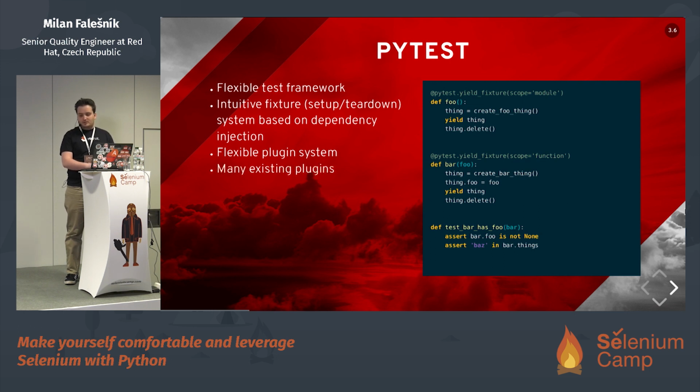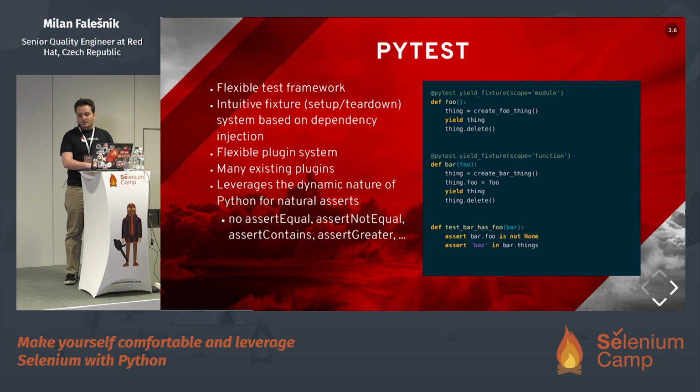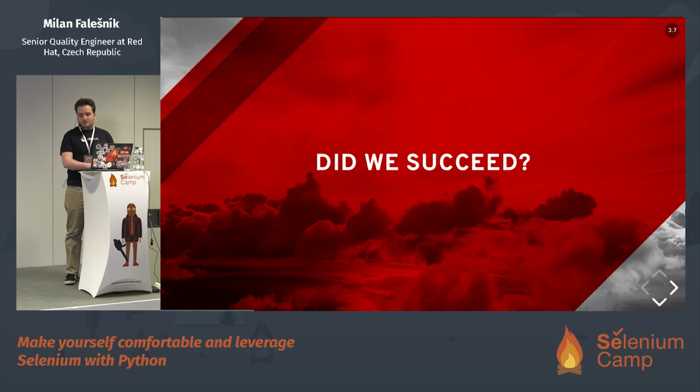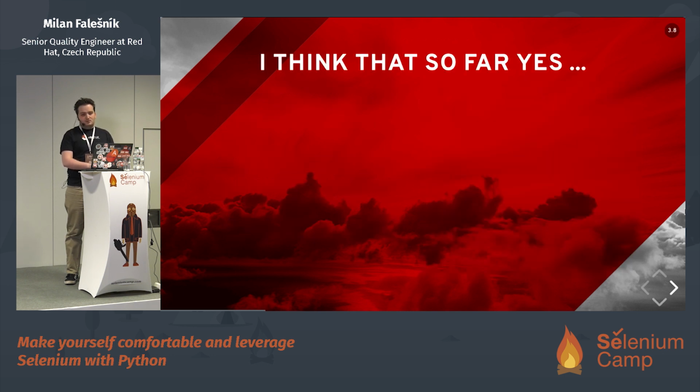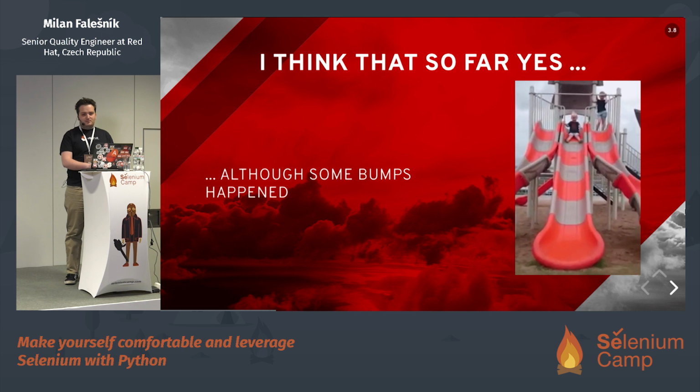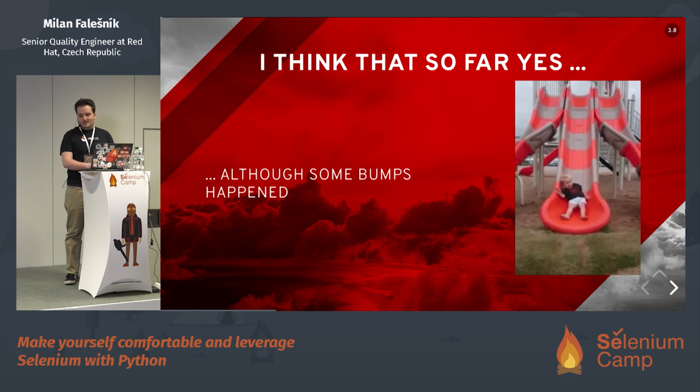It is pluggable. It has a lot of plugins for, let's say, Allure and all these things, or lots of things in PyPI. And you don't have to write these assert equal, assert not equal, assert contains, assert greater, which you have like in Java or other testing frameworks, because it just looks at the assert and tells you what was wrong. So, did we succeed? So far, yes, though there were some bumps on the way there.